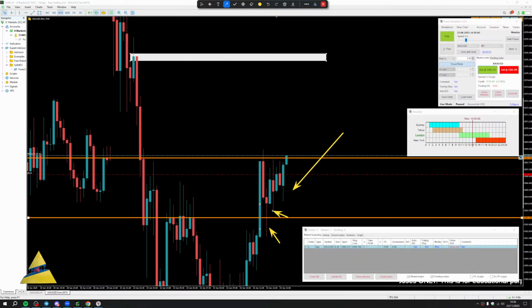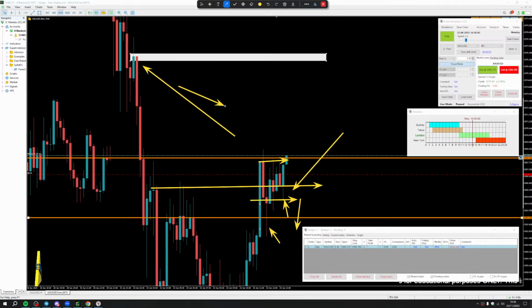You got one wick, a higher low, higher low, higher low, accumulating, breaking these previous highs. It clearly doesn't want to go down. I would say there's a higher chance that price is going to keep moving up to fill that range, right? It's going to fill this range. There's a higher chance just looking at the way price is right now.